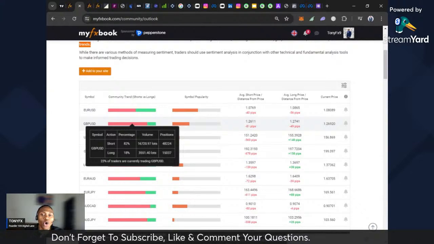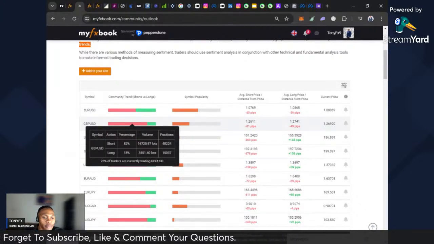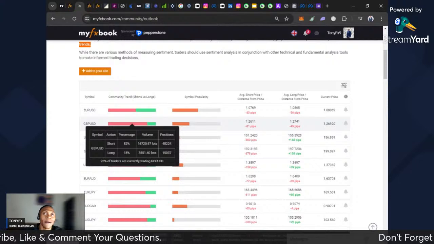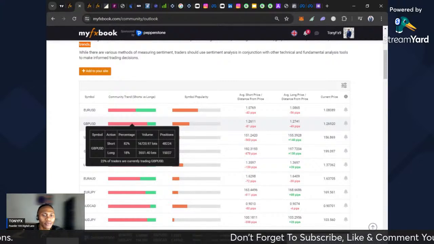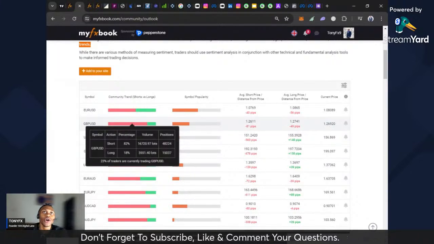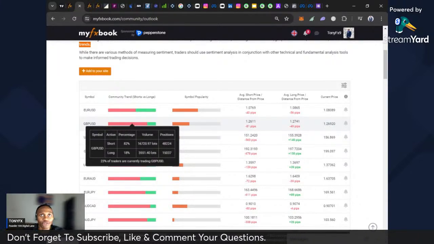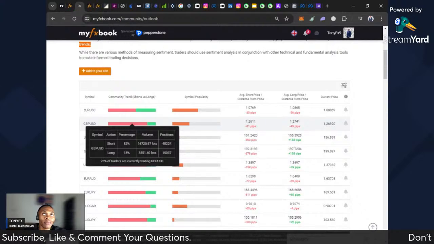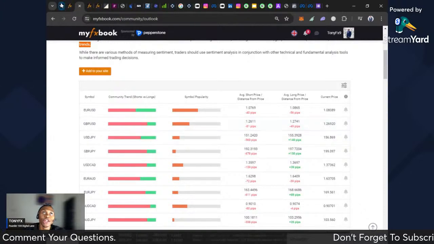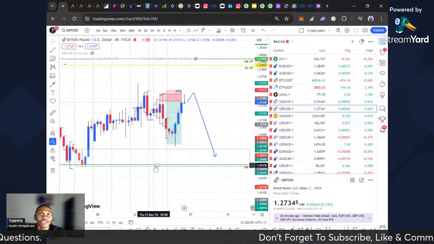So we're looking for shorts, we're not looking for longs. Generally, this is what the bias of retail traders is saying. So 82% of traders are shorting GBP/USD, they're not looking for buys. It's only AUD/USD that is looking for buys, but Euro/USD and GBP/USD are looking for sells.